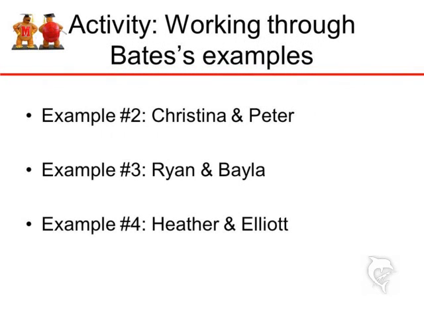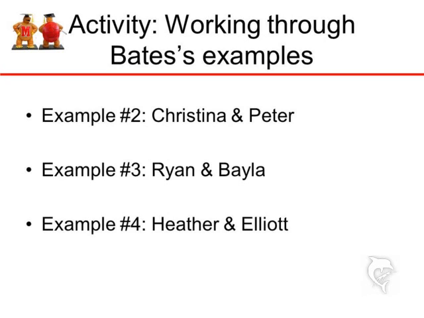Now, if you flip toward the last few pages of the article, you'll see that she describes a series of examples, and they're labeled example number 1, and there's a name for that example, example number 2, example number 3, and example number 4. Example number 1 is just a very brief one that you can read and understand to get a sense of what she's doing, and then the activity is going to look in more depth at examples number 2, 3, and 4.